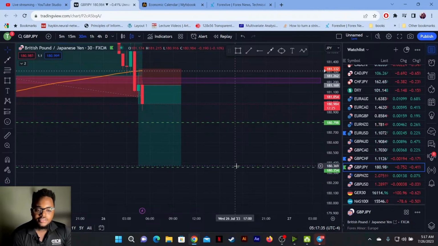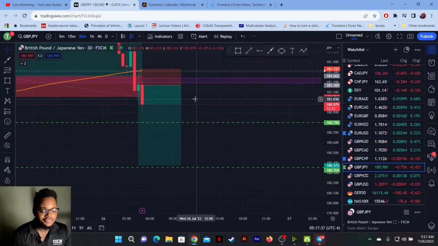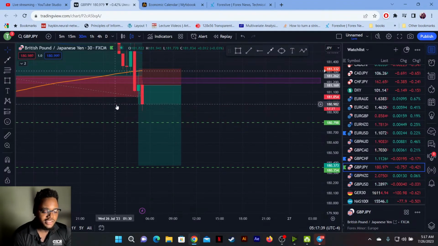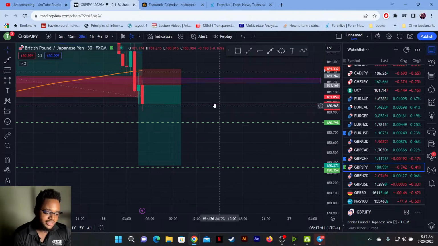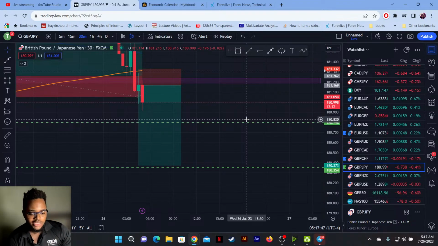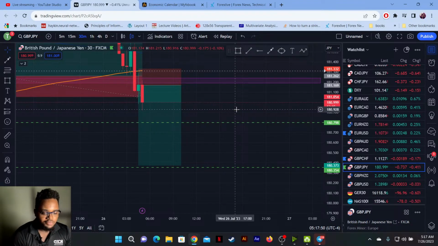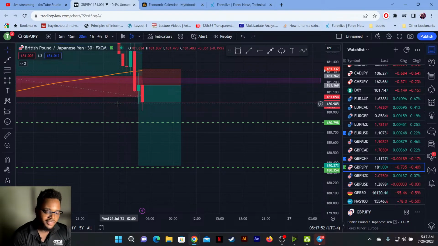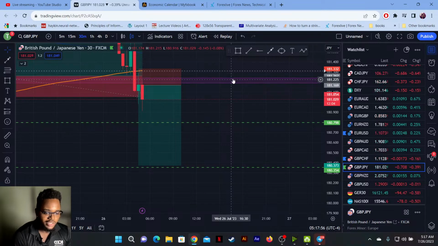All right, so that happened. Currently, see how we have this pullback right here. This is just the first 30-minute candle, so I would like to see how this closed. But at this point, I'll say, take out some, manage your rest, let it run, but at least you get some sort of profit, and you just monitor. If price wicks all the way back and stops us out, it's a break even in general, or at least you escape with some profit.